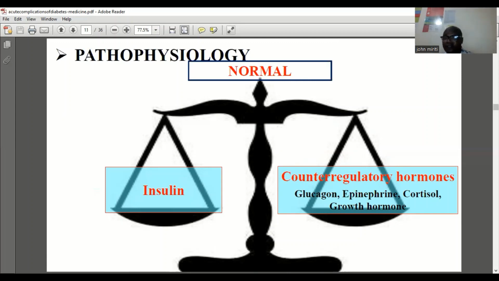of this ketoacidosis. In a normal person, there should be a balance between the glucose and the counter-regulatory hormones of glucose. And these hormones are glucagon, epinephrine, cortisol, and growth hormone. And also sometimes the thyroid hormones are in this class of counter-regulatory hormones, which act against insulin.